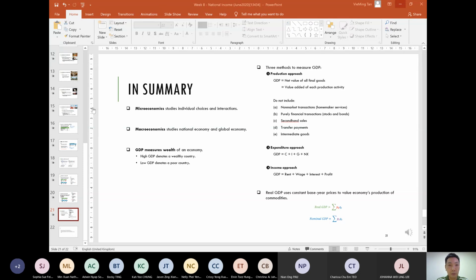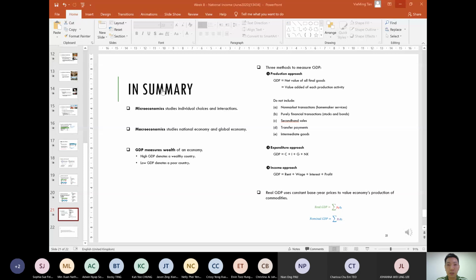Go to modules, then go to week 8. If you want extra reading, go to the week 8 lecture and scroll down. There are 2 book chapters scanned for you to read.